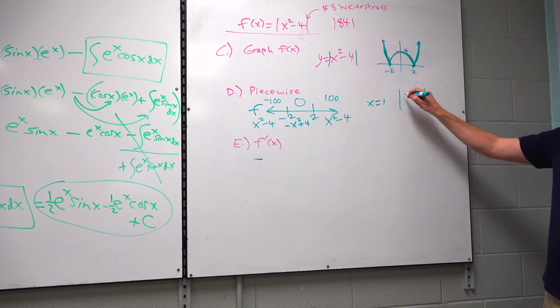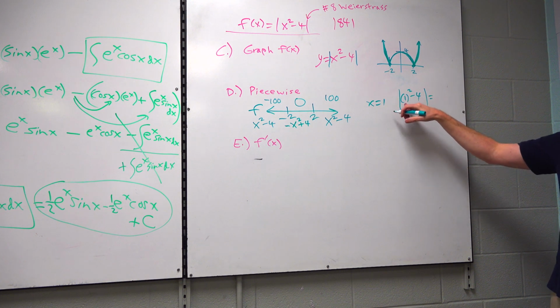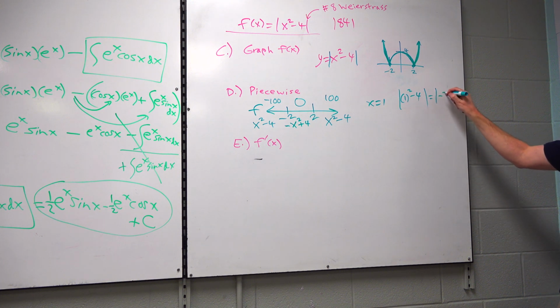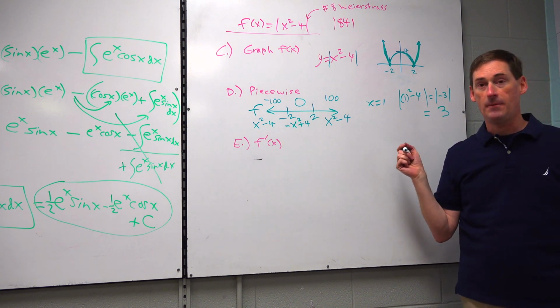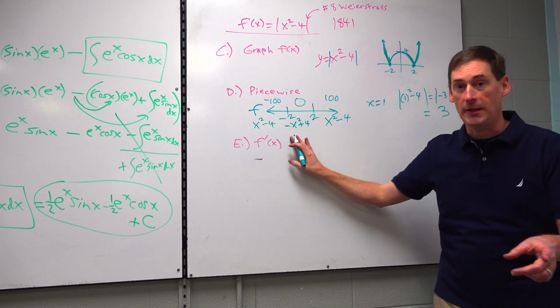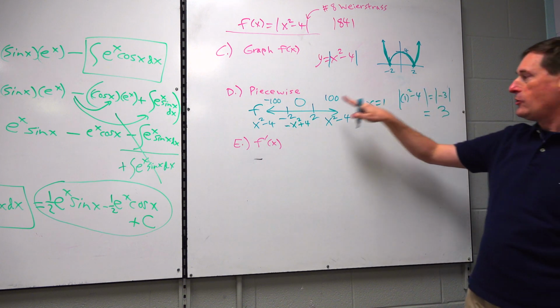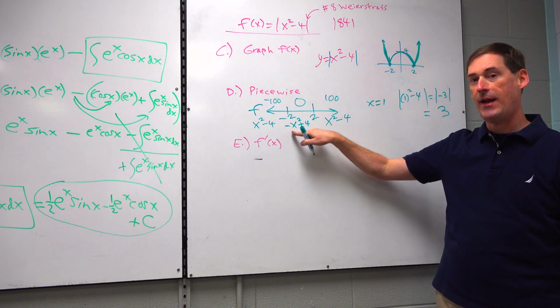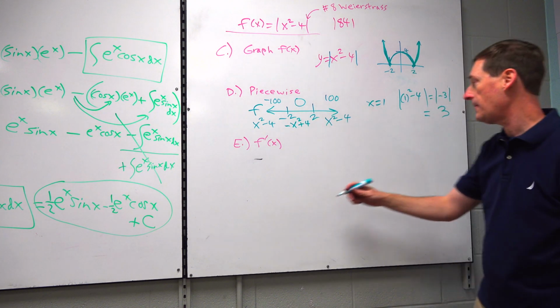What is the absolute value of 1 squared minus 4? 1 minus 4 is negative 3. The absolute value of negative 3 is positive 3. Or you could use my new formula. When the interior is negative like this is, you can just convert to the formula negative x squared plus 4 and drop the bars. See, we're trying to find a way to drop the bars here.